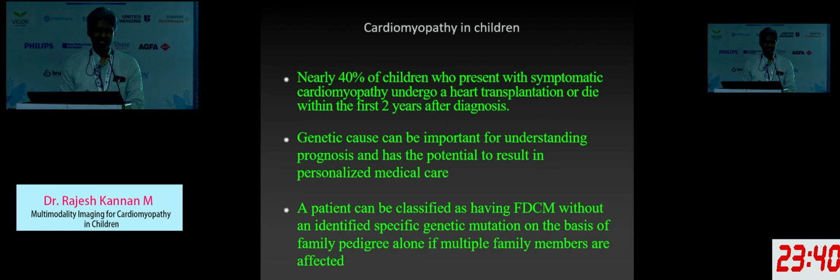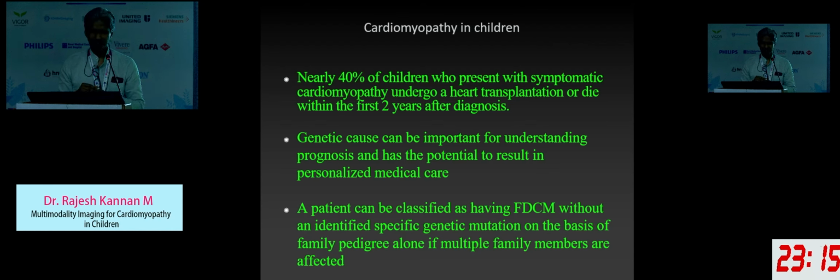Another important thing, when you are talking about pediatric cardiomyopathy, is that genetic testing has to be incorporated into the diagnostic algorithm. CT or MR or echo alone may not make a diagnosis. It's very important to have a proper genetic lab available, or you can refer to a lab where genetic testing is available.